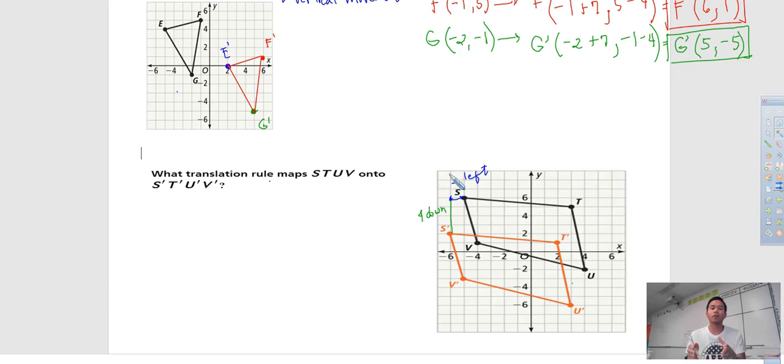So it's 1 going to the left and then 4 down. So you can now say the translation for this one is a translation of -1 and -4 of your given STUV.